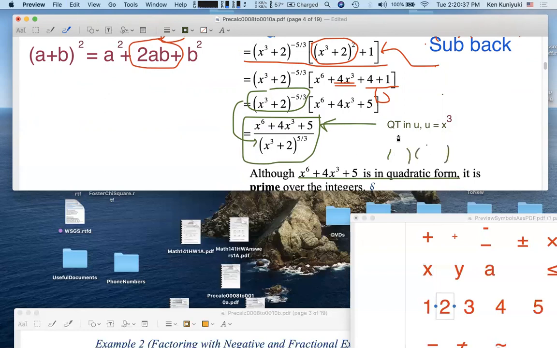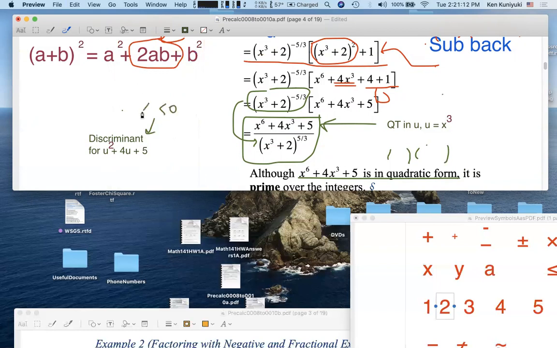If you write this as u squared plus 4u plus 5, if you do the substitution, you can work out the discriminant. It turns out the discriminant is going to end up being negative.